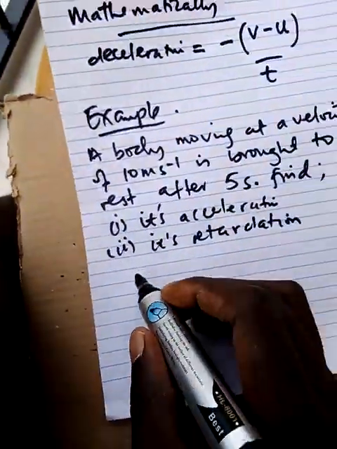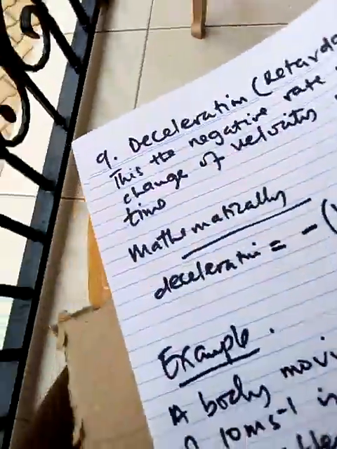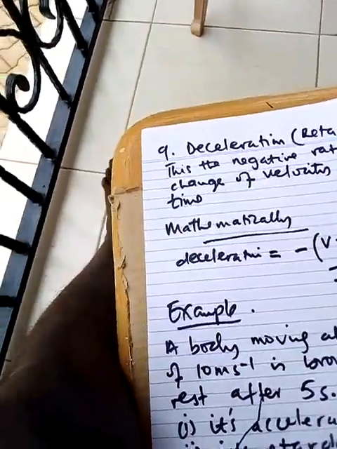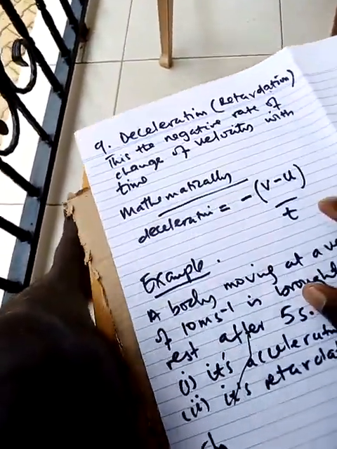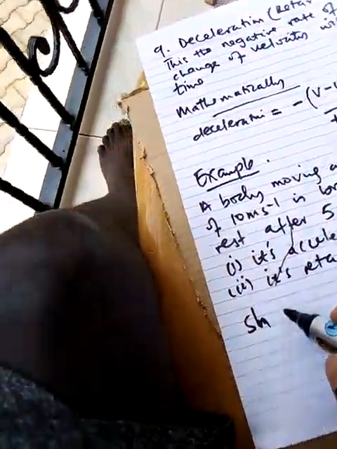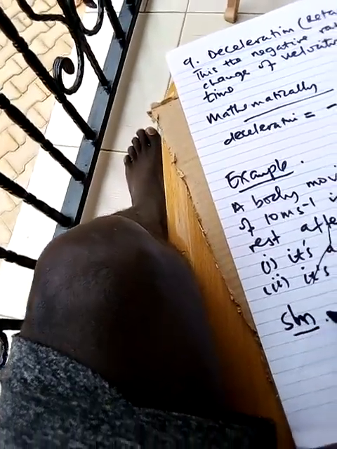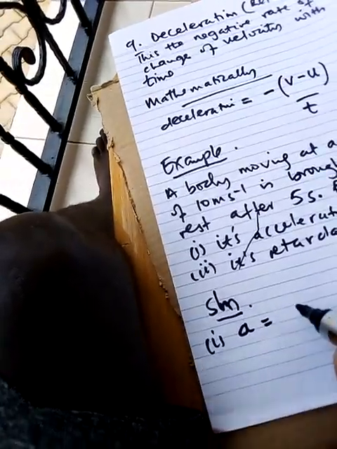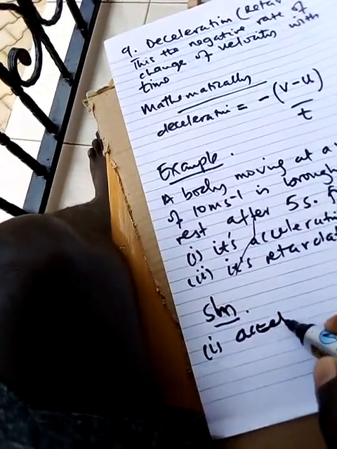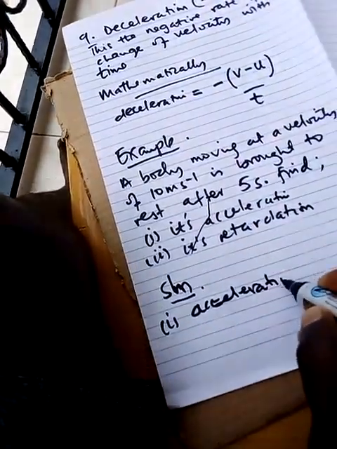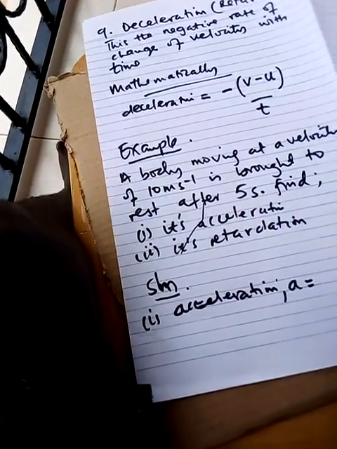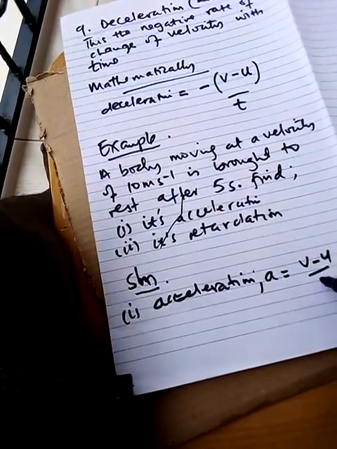Now, in your solution, you have this Roman number 1, acceleration, which is a, is equal to v minus u divided by t.